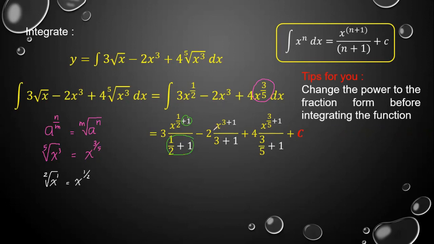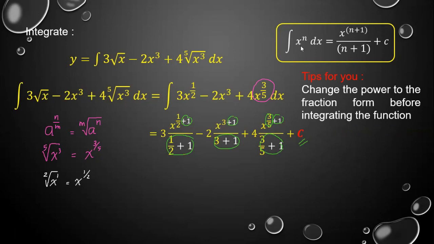Then 2x cubed raised by 1, and over the power raised by 1. And then plus 4x to the power 3 over 5 raised by 1, over the power raised by 1 plus c.